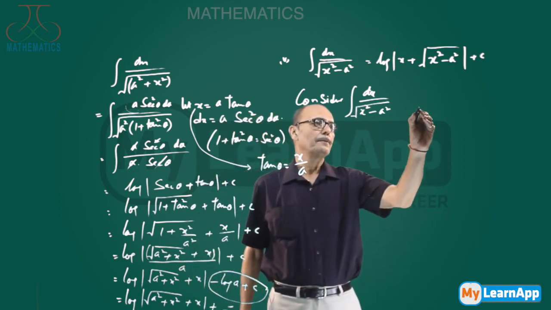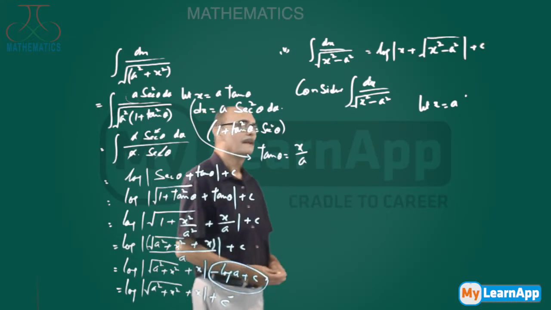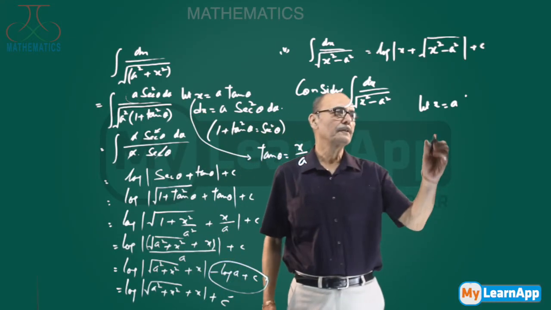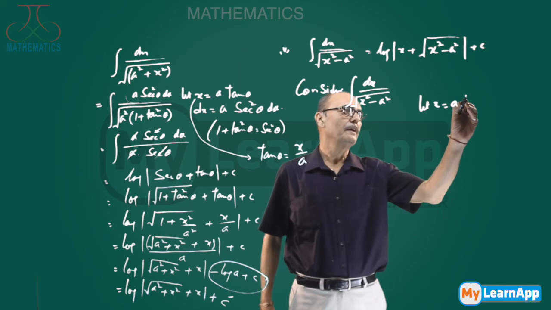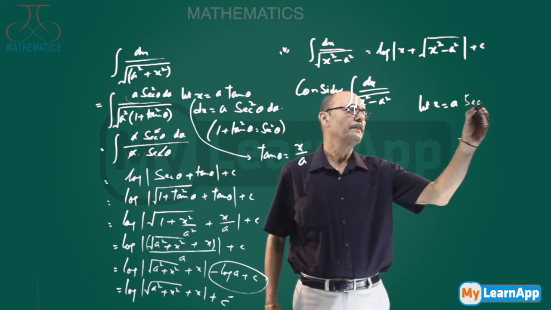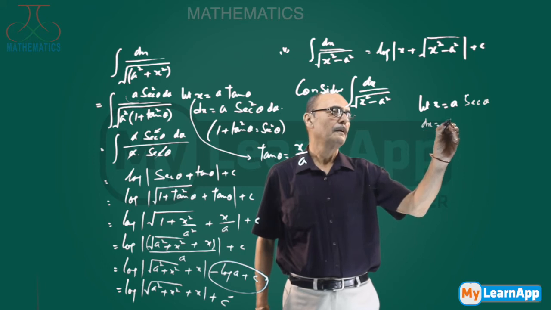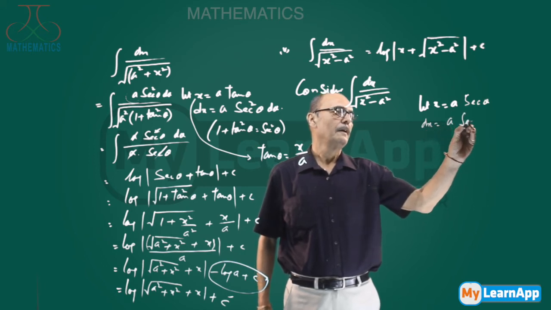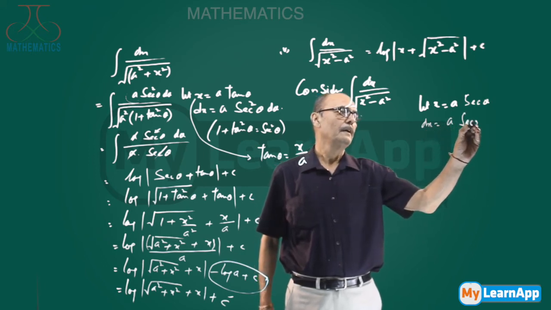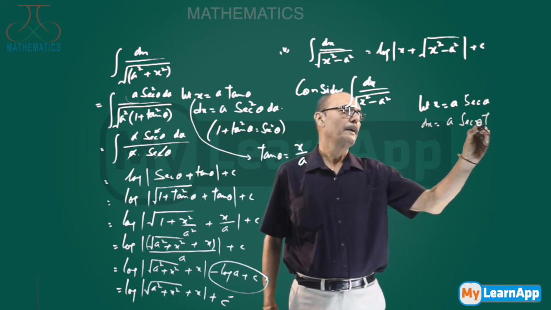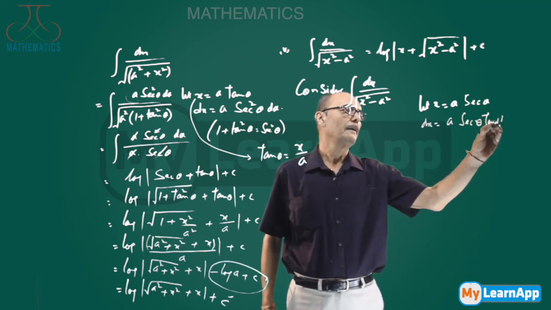Here in this case you make the substitution x equal to a secant of theta. So dx stands for a secant of theta tan of theta d theta.